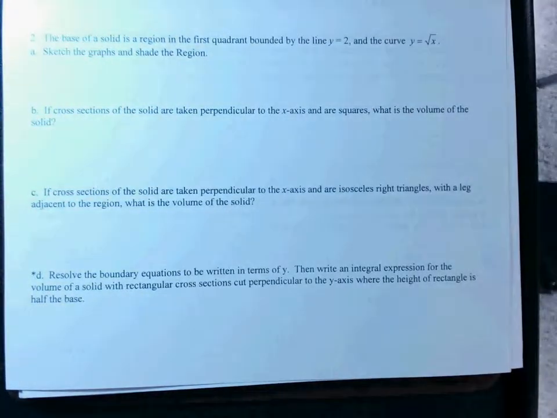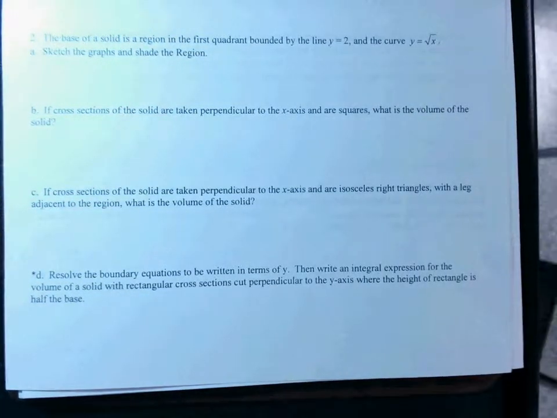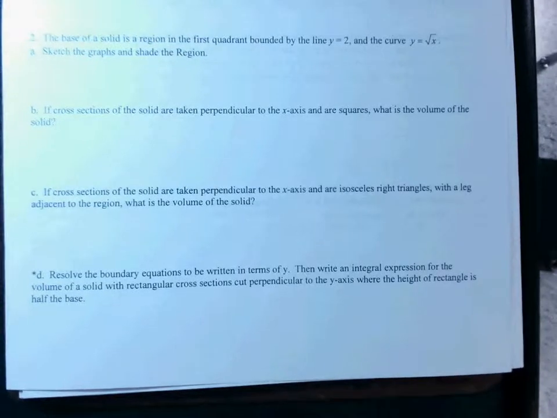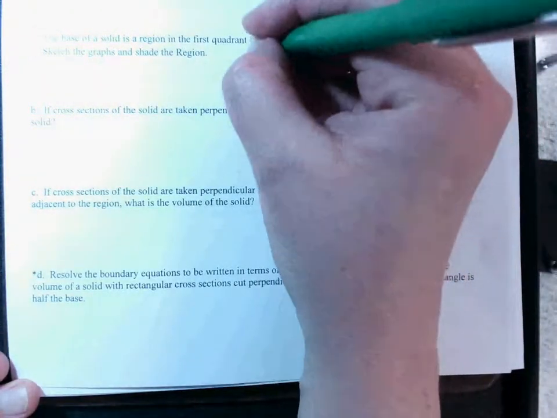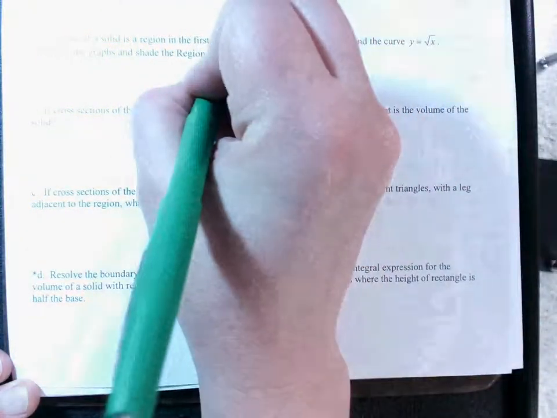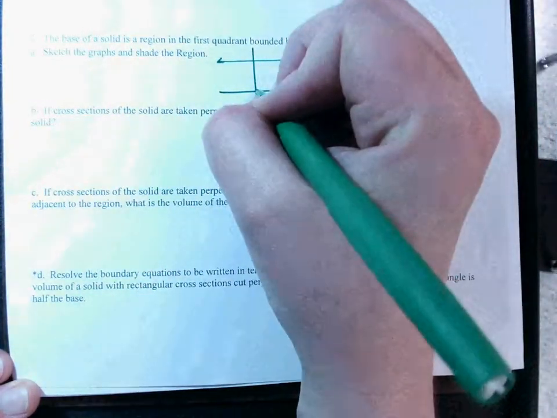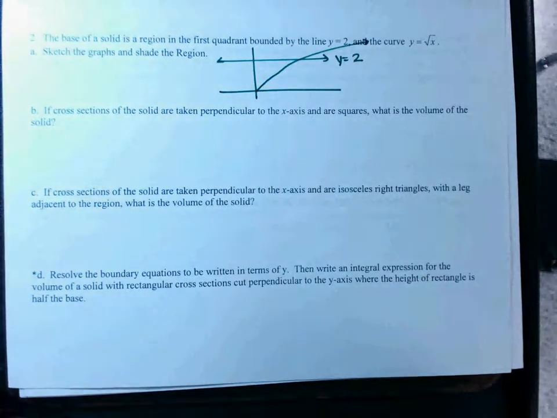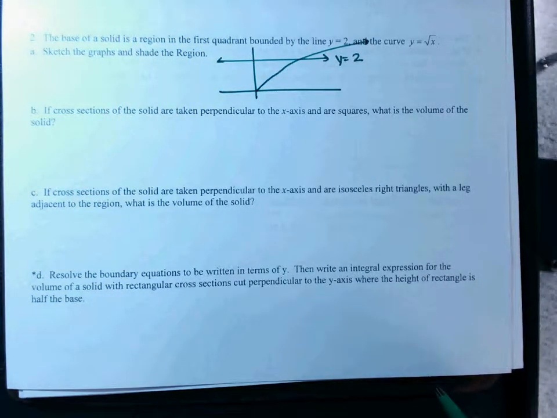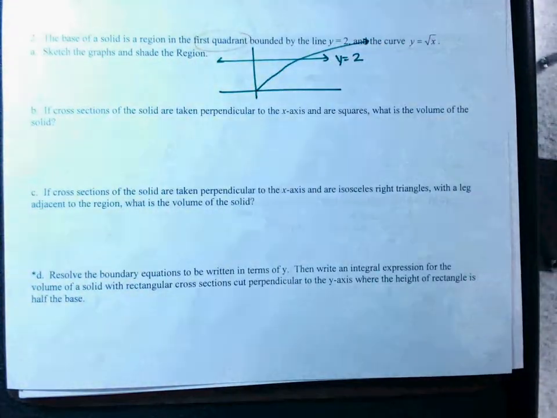So it says that your region is going to be y equals 2 and square root x. So y equals 2 is going to be a flat line across. And then square root x, as you know, looks like that. So then if I want to stay between those, notice that it also gives me the qualifier that I need to stay in the first quadrant.